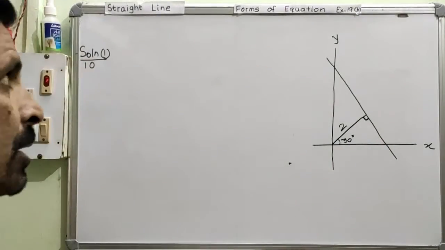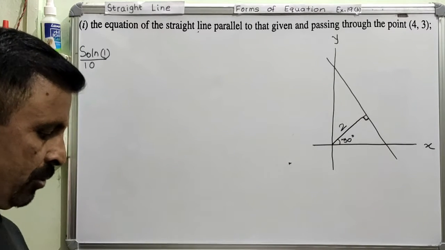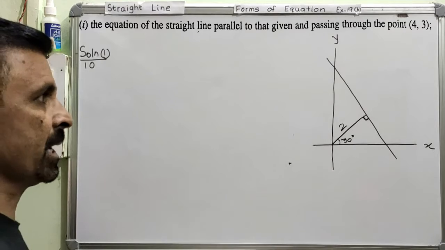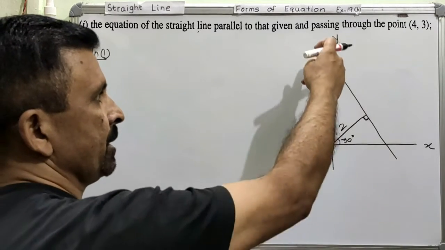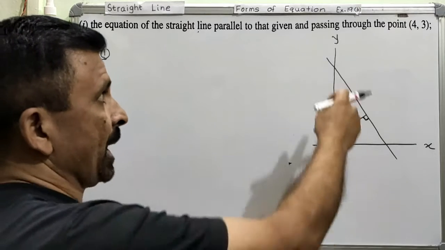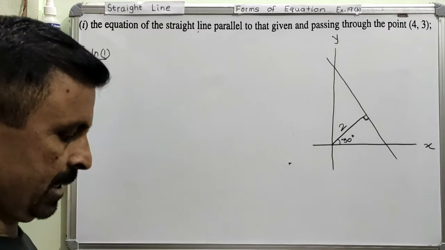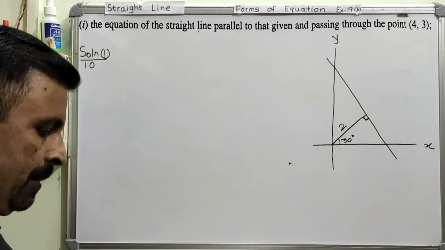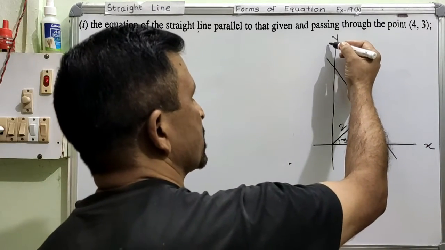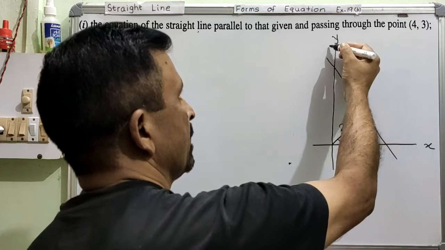Now the Roman number 1. The question says, write the equation of the straight line parallel to the given one. This is your line. Now you have to write down the equation for a line which is parallel to this line, and passing through 4, 3. So let us draw a line parallel to this one.